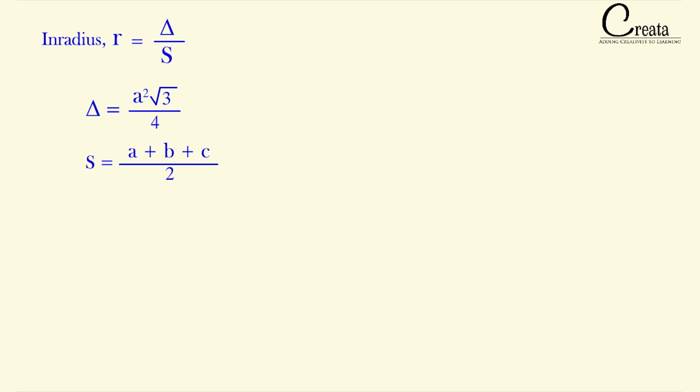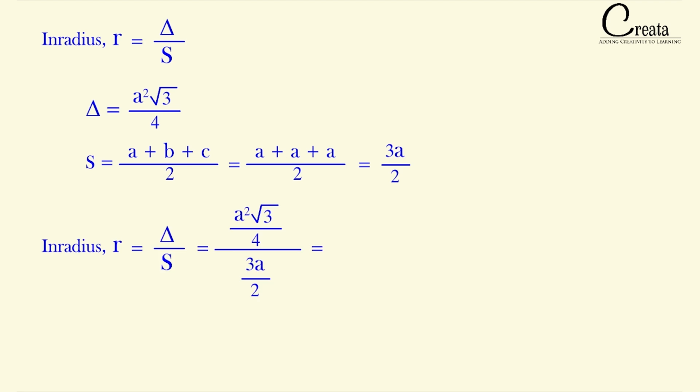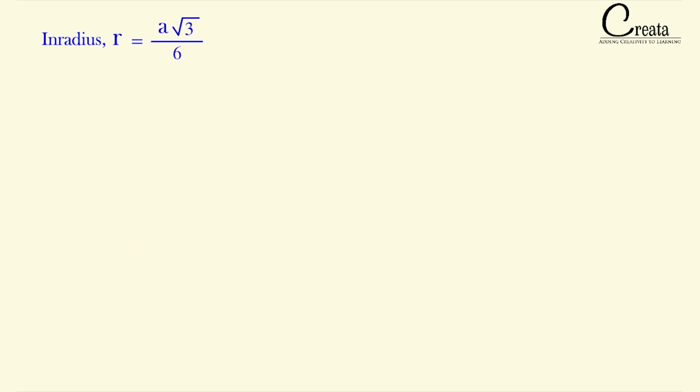Here all the three sides of the triangle are a. So we got the semi-perimeter as 3a upon 2. On putting these values, we got the inradius, that is small r is equal to a root 3 upon 6. Got it? This is the formula of inradius for an equilateral triangle.